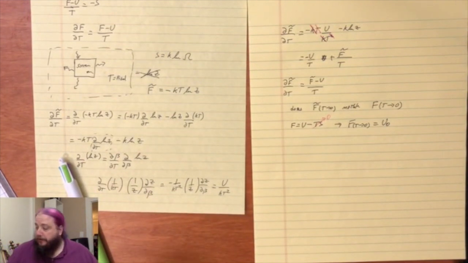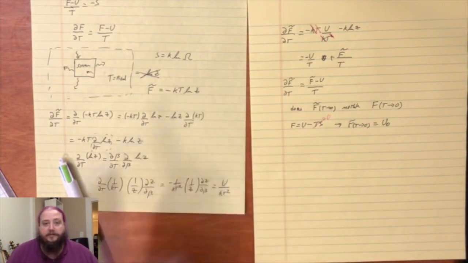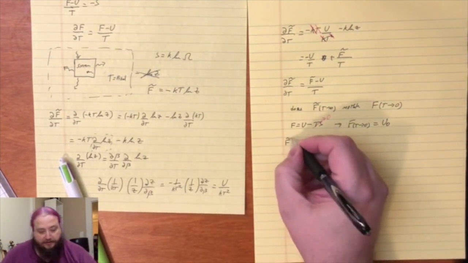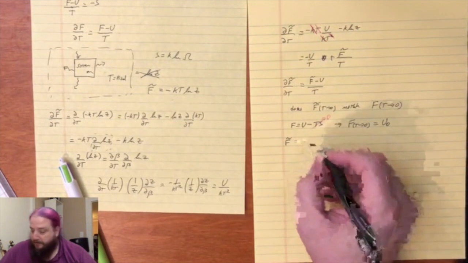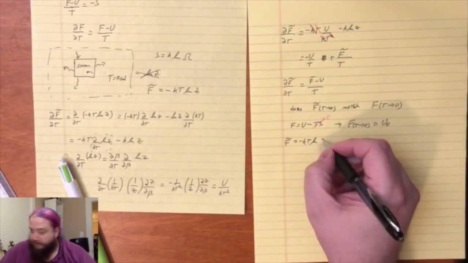All right, so then the question is, does this approach the lowest possible state of our system? Well, that F tilde, again, it's minus kt times the logarithm of the partition function.